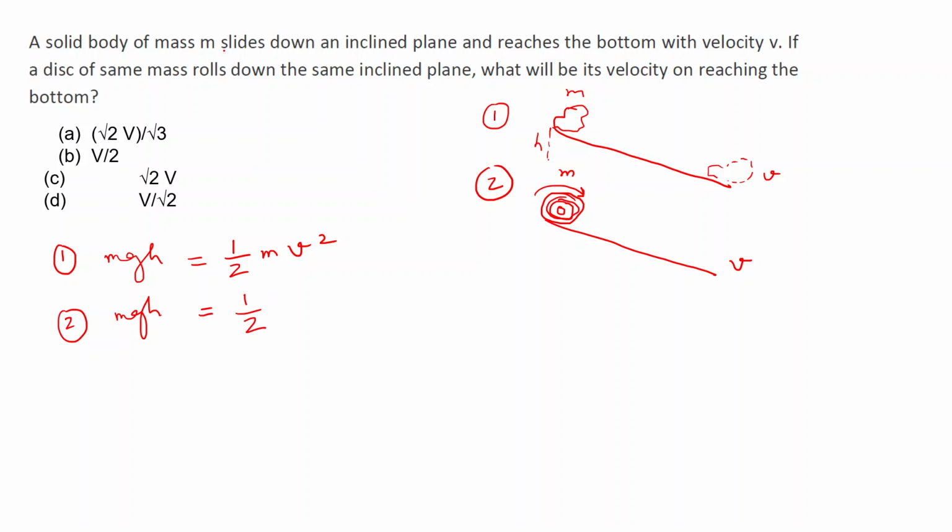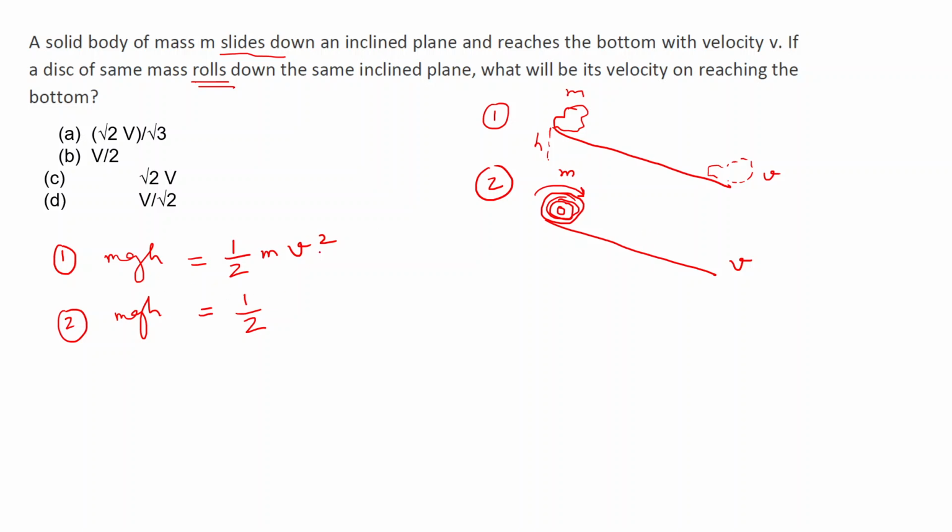Because for the first body it was said that it slides down, means it's not rolling, it's just translating. Whereas for the second body, the disk, we have been told that it rolls down the inclined plane. So now this body is rotating also, and it's covering a distance also. Here it's only translational motion, here it's rotational as well as translational motion.